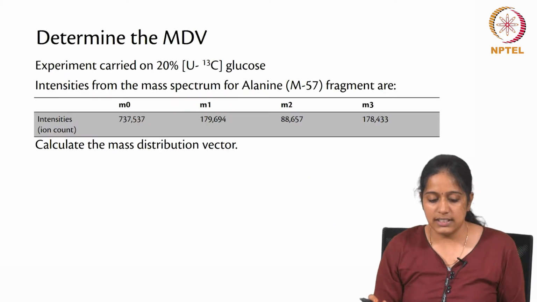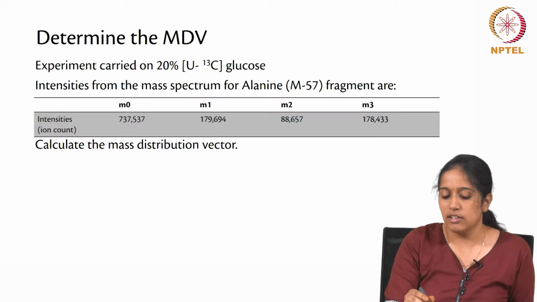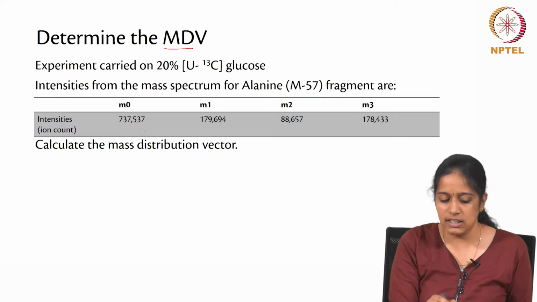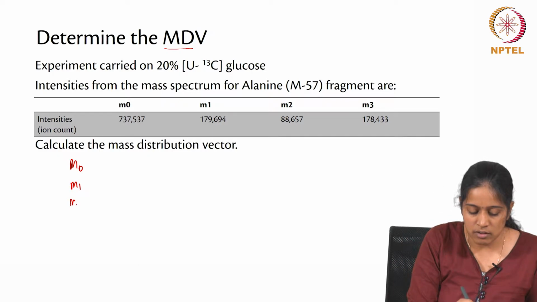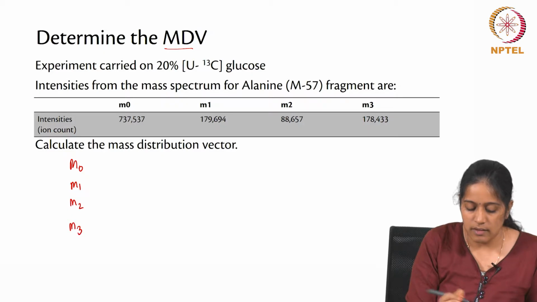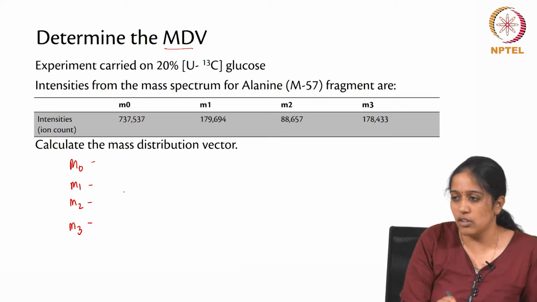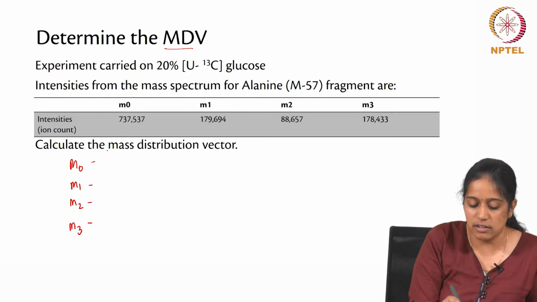So, this is a small example which I want you to try out. Again, this is a very simple example where you want to find out the MDV. You have been given the intensities of masses. So, here you have M0, M1, M2, M3, and you have the intensities, that is the ion count that you get from the mass spectra.